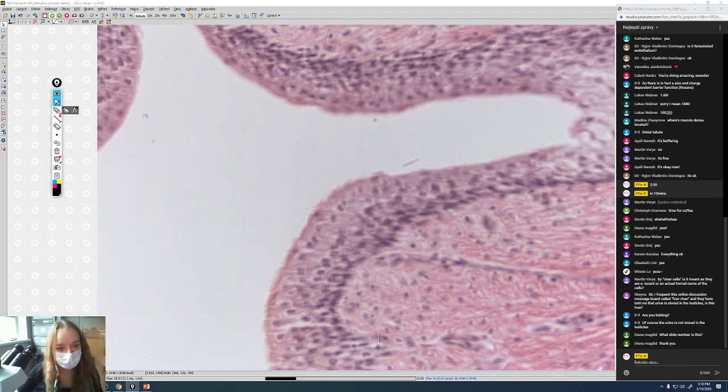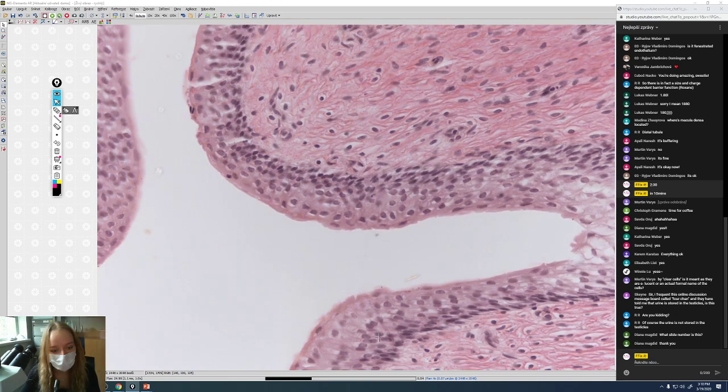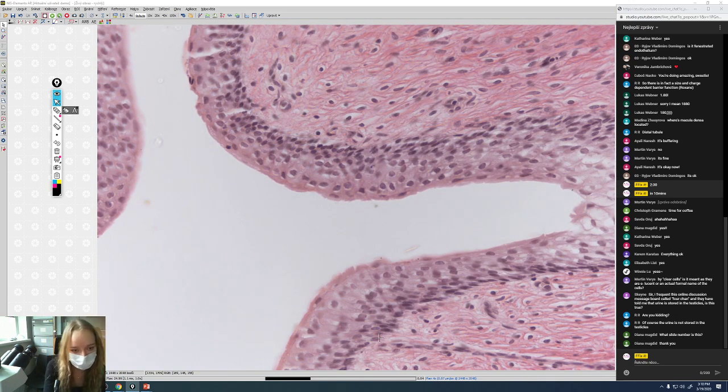Right here. Urothelium. These are the umbrella cells. This is pretty much like this already. This is pretty urothelium. And okay, the lamina propria is once again under the epithelium.